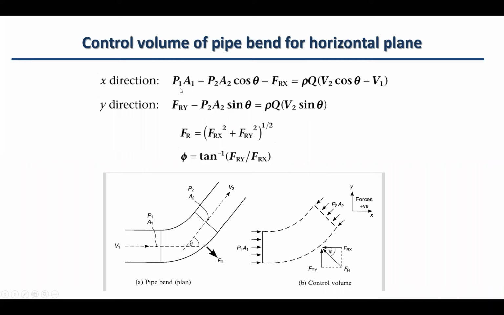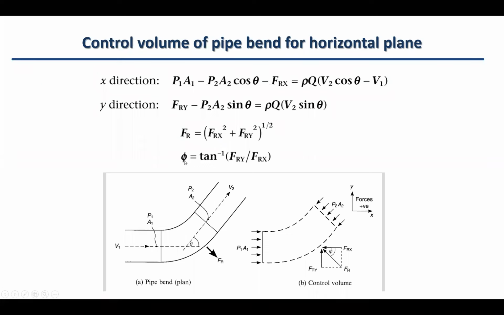By solving these two equations, we can easily calculate FRX and FRY. And as you know from the first chapter, the resultant force is equal to the square root of the sum of the squared components in the x and y directions: the square root of FRX squared plus FRY squared.